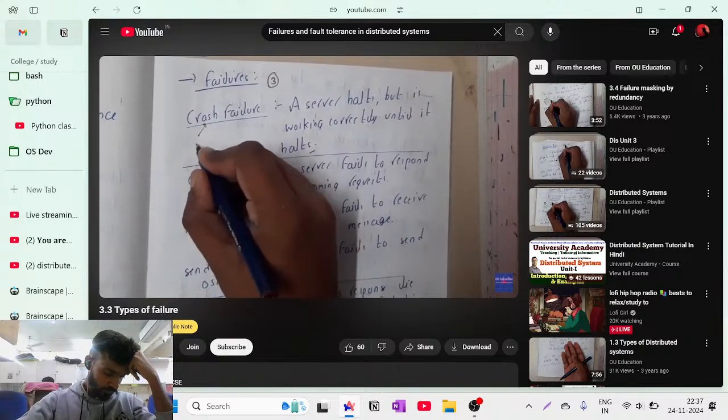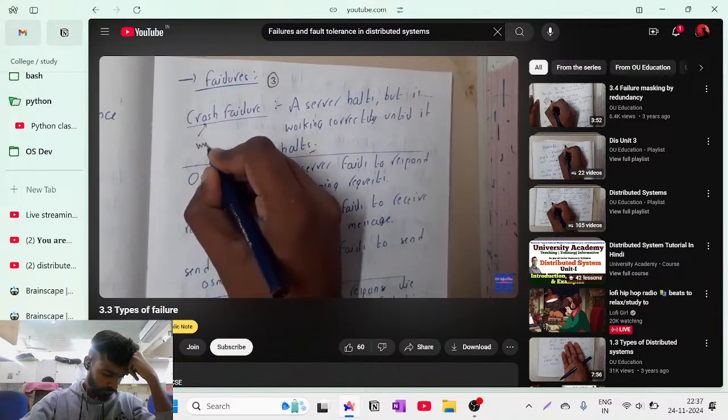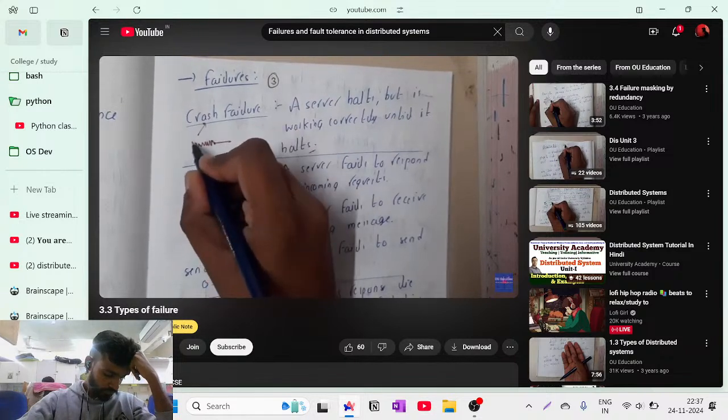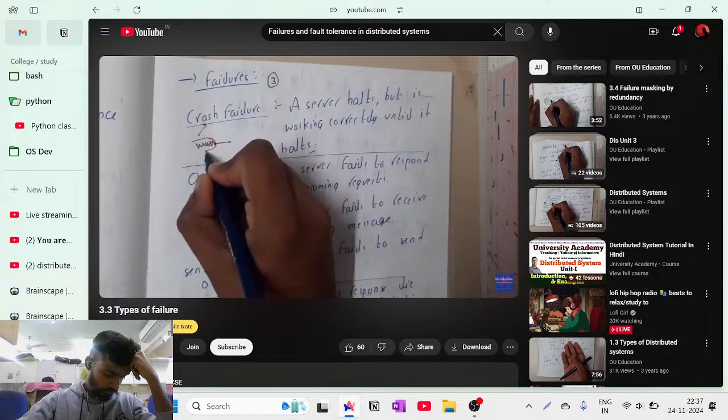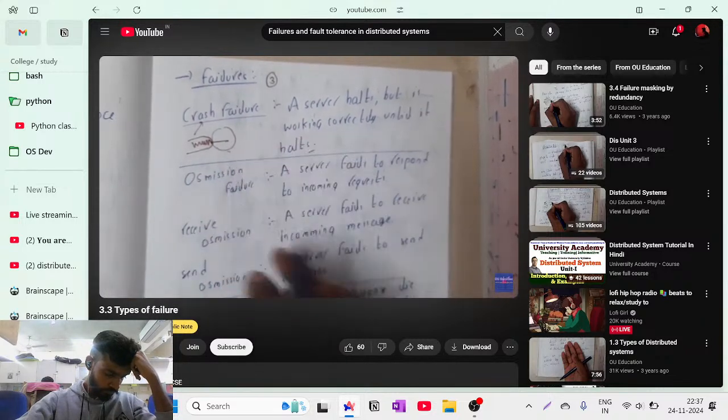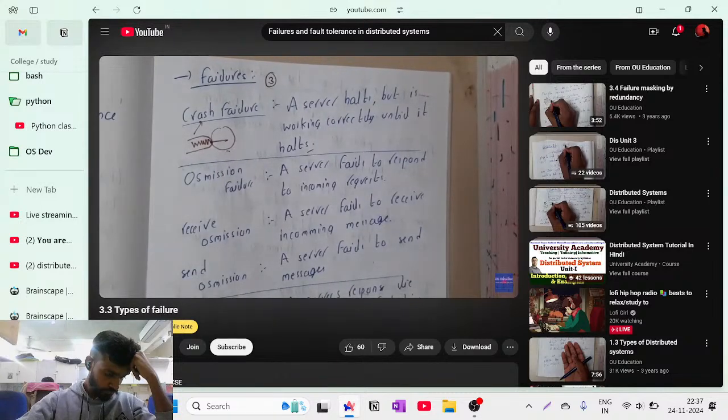Assume that a transaction is going on, and it is done, and now the server has crashed. You can safely say that the transaction has been successfully completed and the server crashed without any issue. Before the crash, everything is fine.